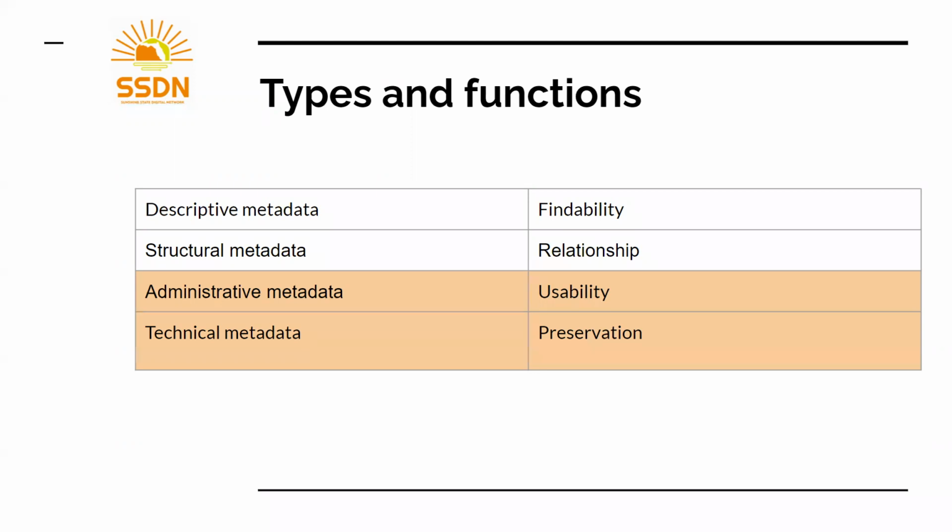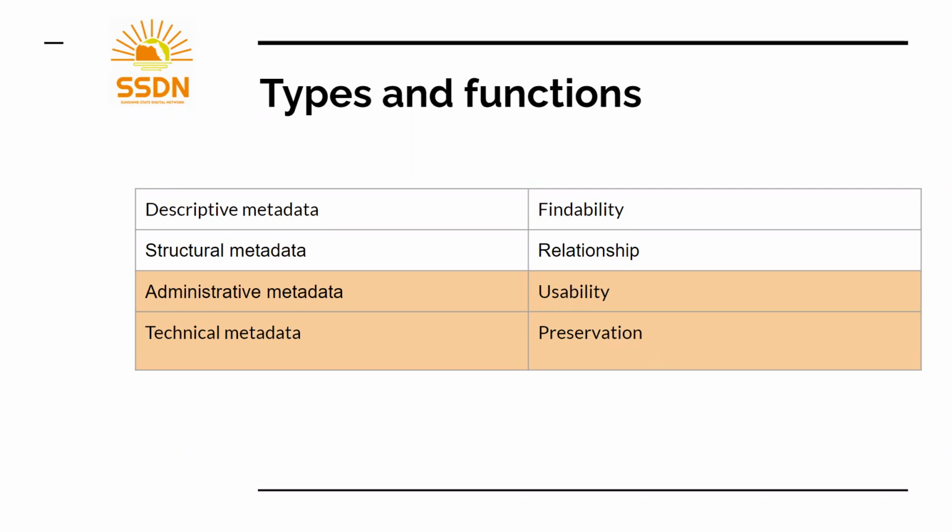I also want to make it clear that different organizations have different ways to define metadata types. For example, if you look into NISO, they define metadata types different than Getty. I just want to make sure that we all know that it's not a unified definition.